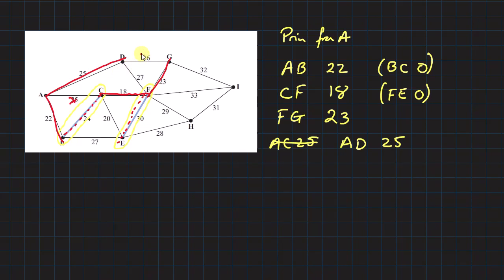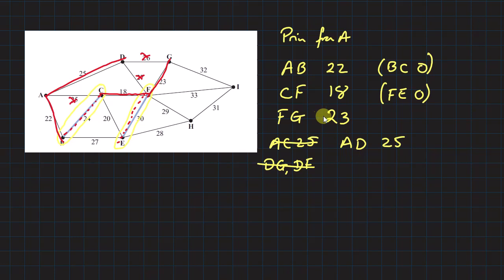So DG and DF, both of them would lead to closed paths, not going to give me a connection. So my next one is EH for 27. Wouldn't do the CE for 20 back here. Not going to get it.